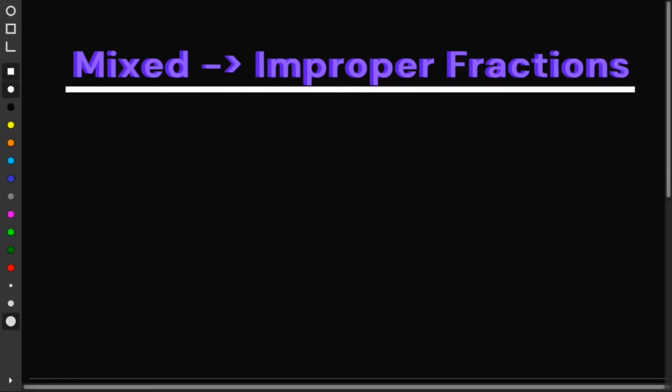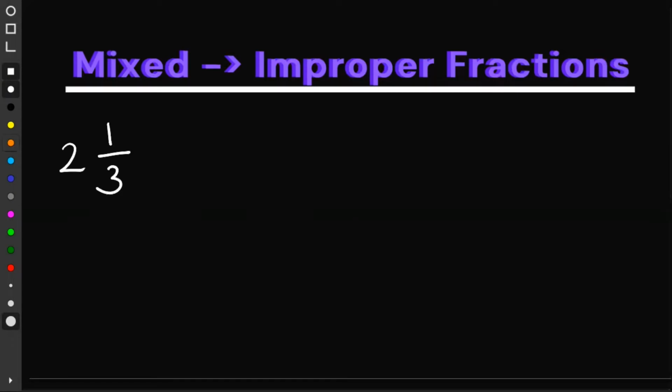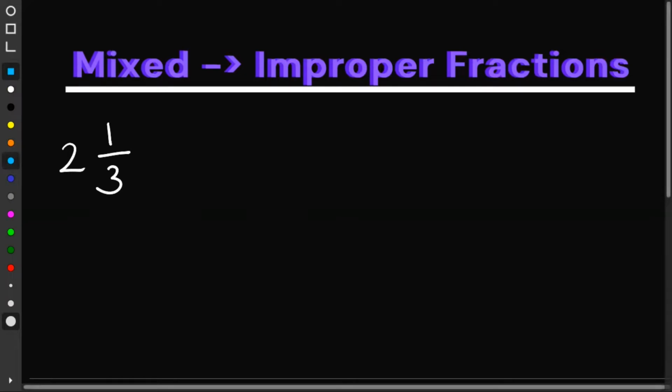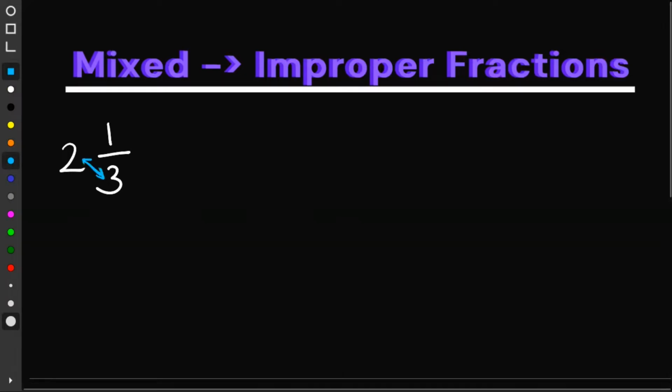So now let's go on and start giving some examples. So our first example is 2 1/3. Now the key in converting a mixed fraction to an improper fraction is we start off by multiplying these two.